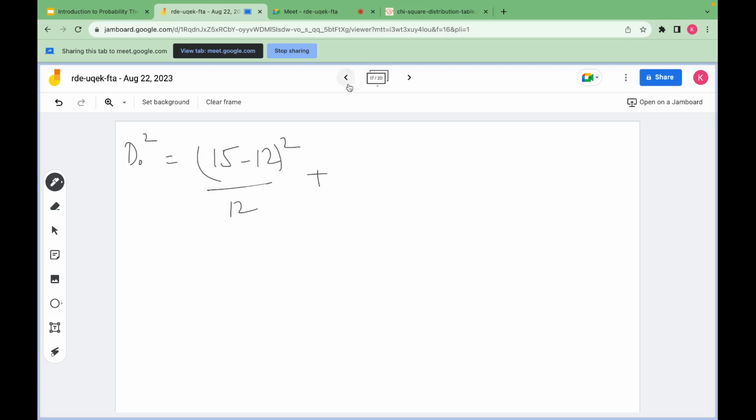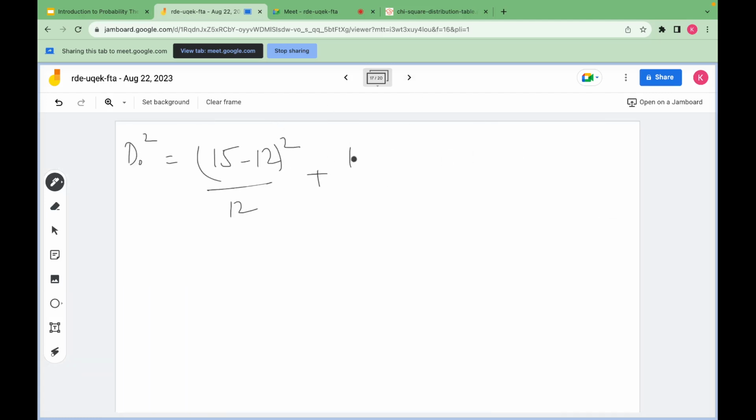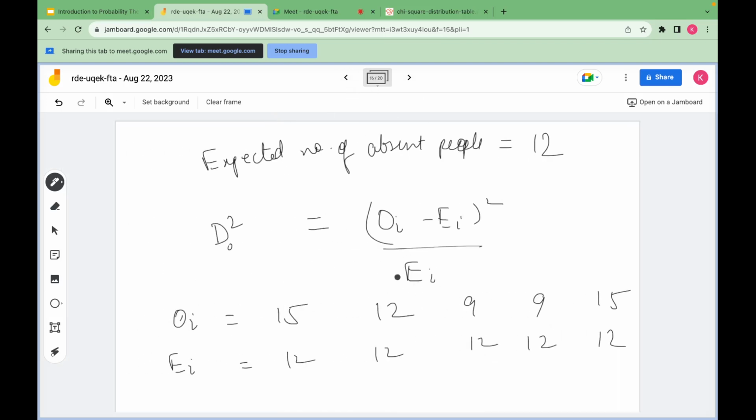This is for the first term. For the second it will be 12 minus 12, which will be 0, so 12 minus 12 whole square divided by 12, because we need to divide it by EI. EI is the same for all the i's, that's why we are dividing by 12.